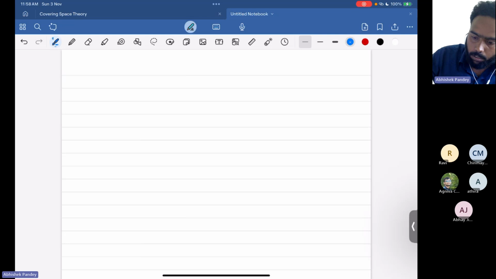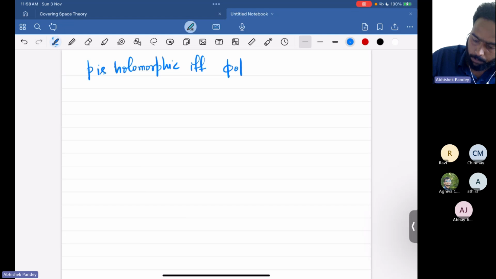So P is holomorphic if and only if phi composition P inverse is holomorphic.